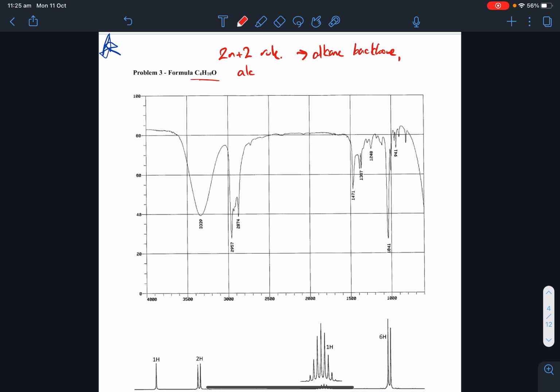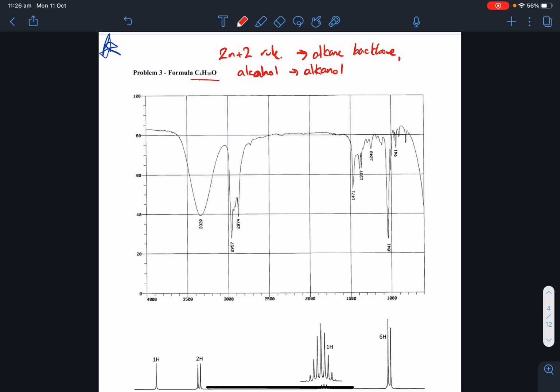So it must be an alcohol. Helps if I could spell it. Alcohol. Or we could say an alkane that has an alcohol group is sometimes called an alkanol. It tells us that we've got an alcohol group and we've got a saturated backbone. Okay. All right.